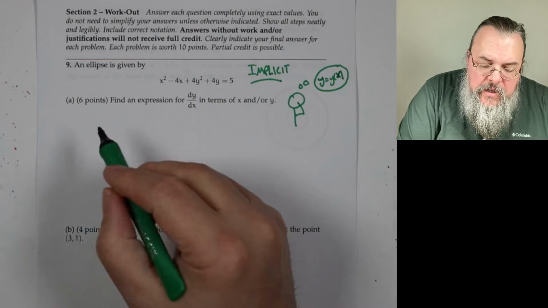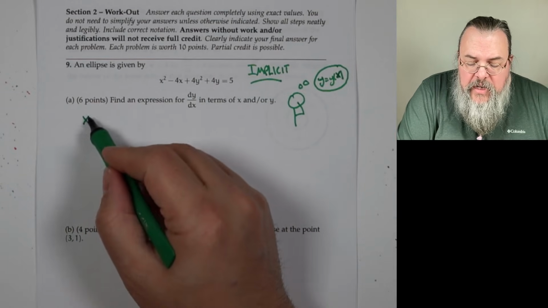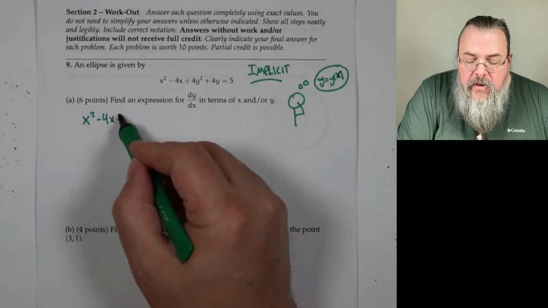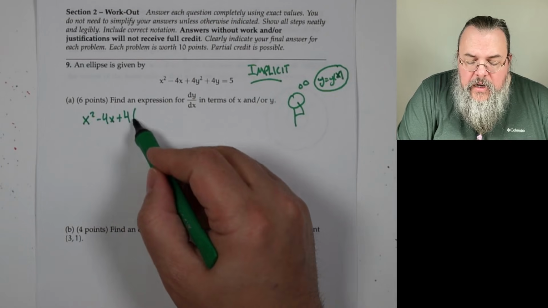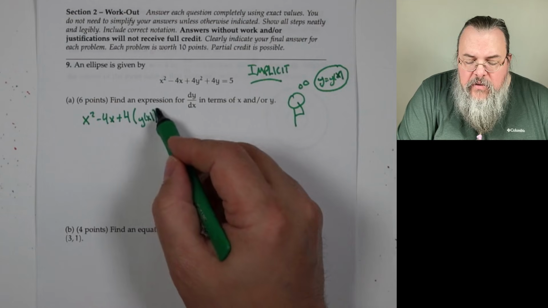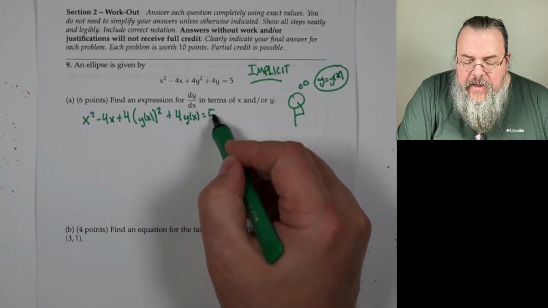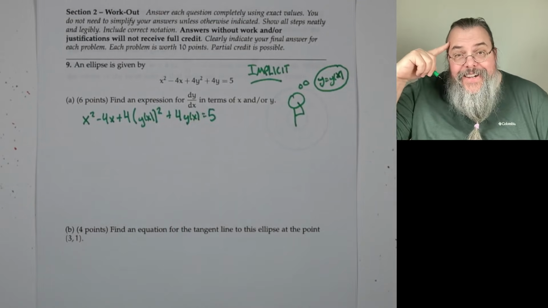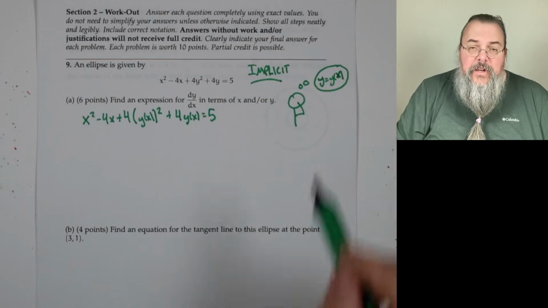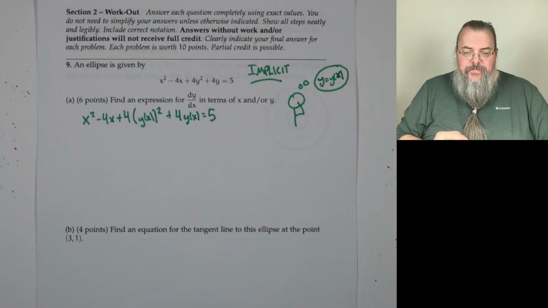Put another way, this looks like x squared minus 4x plus 4 times y of x squared plus 4 y of x equals 5. That's what we're thinking, right? This is what it means when we think y is a function of x.